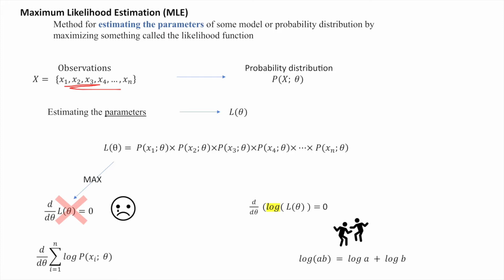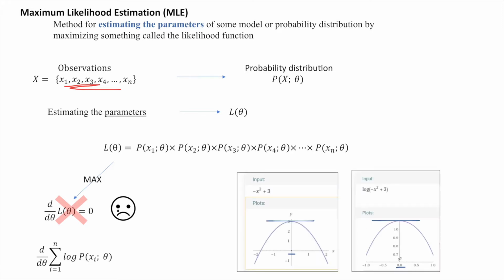Well, it turns out no, as the natural logarithm is a monotonically increasing function, which means that if the value of some variable x increases, the value of its logarithm log x also increases. This is important because it ensures that the maximum value of the log of the probability occurs at the same point as the original probability function. Okay, enough with the theory. Let's see how this is done through a worked example.